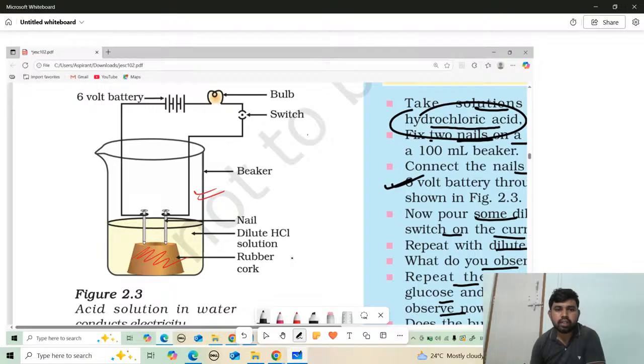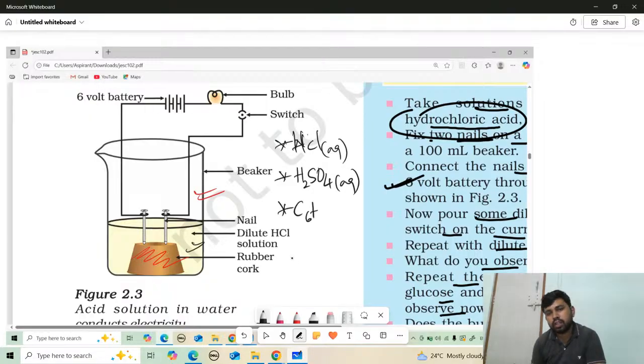This is the beaker, and in it we have a solution. In the first case they took dilute aqueous hydrochloric acid, HCl. Then dilute sulfuric acid in aqueous condition, and separately C6H12O6, which is glucose, as an aqueous glucose solution.